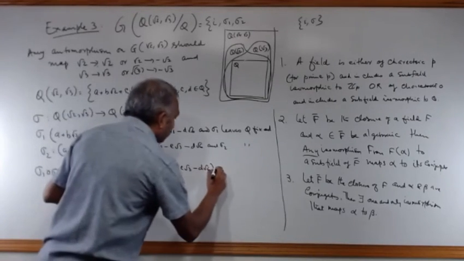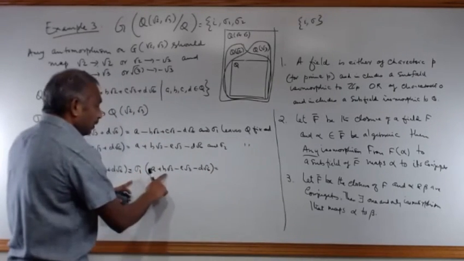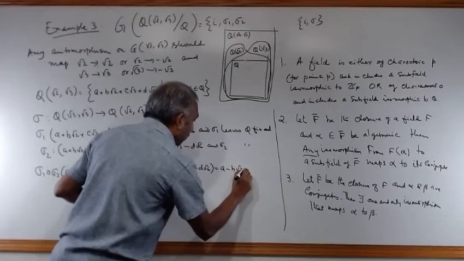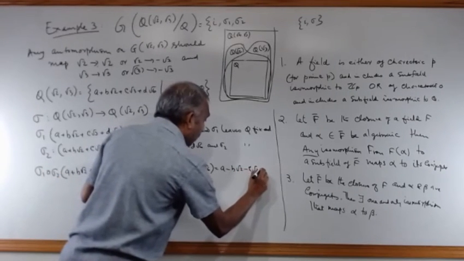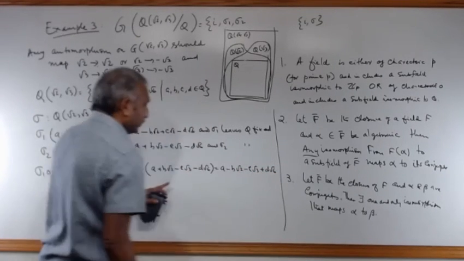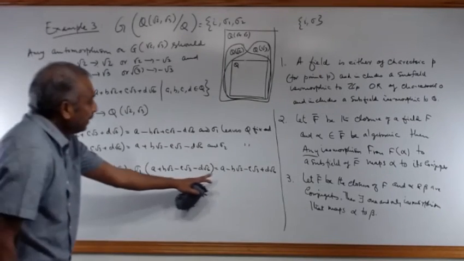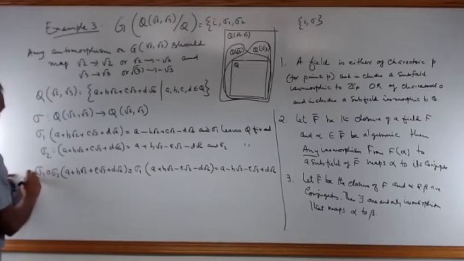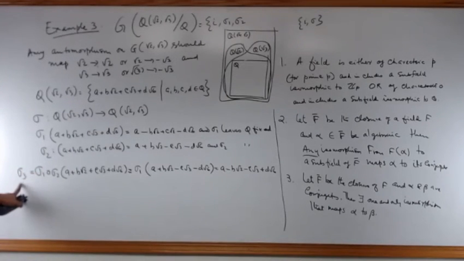And that is equal to, wherever you have a root 2, replace with minus root 2: A minus B root 2 minus C root 3 plus D root 6. So this mapping is not available anywhere, so we can consider this as another automorphism.